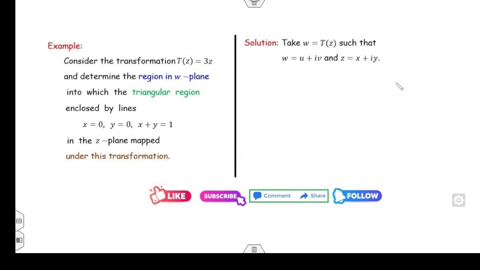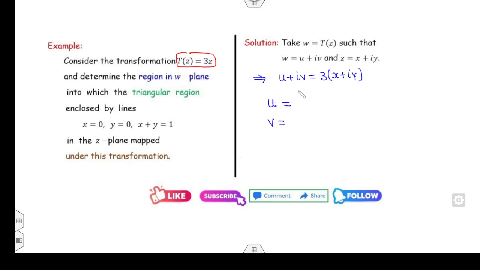How can you prove that? It's very simple. I can start from the transformation by taking Z is equal to X plus iota Y, W is equal to U plus iota V. I can substitute: U plus iota V is equal to 3 into Z, and Z is X plus iota Y. Can you find the values of U and V?